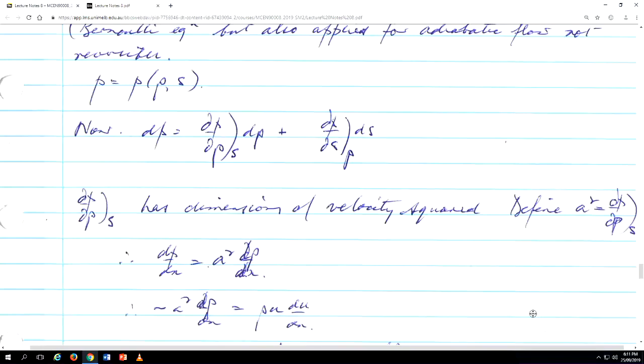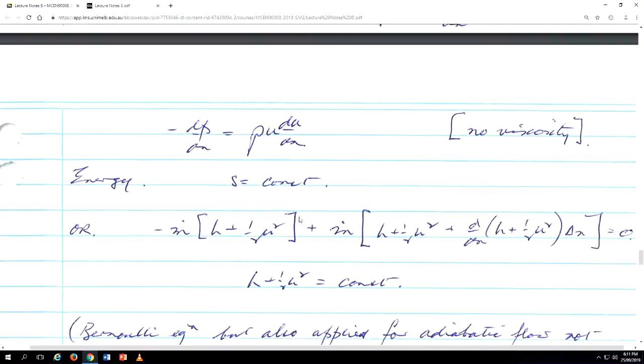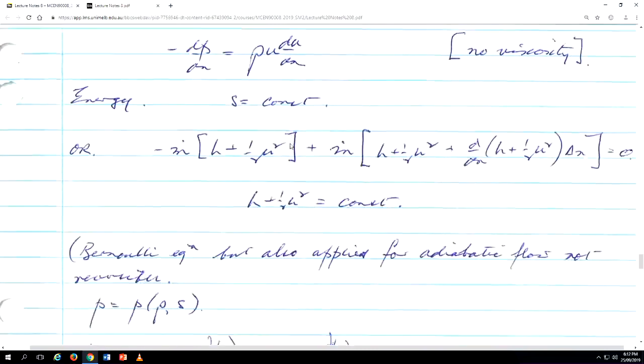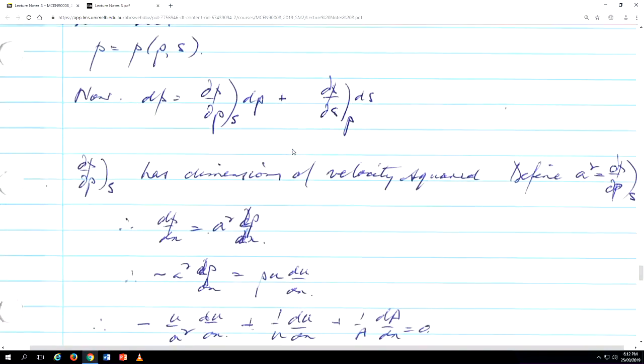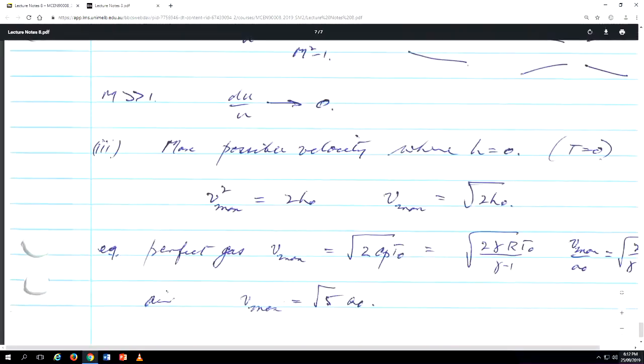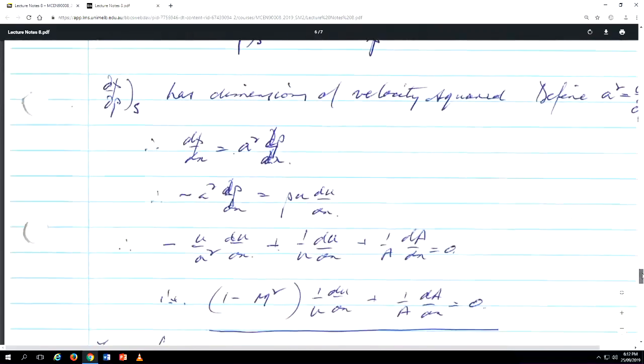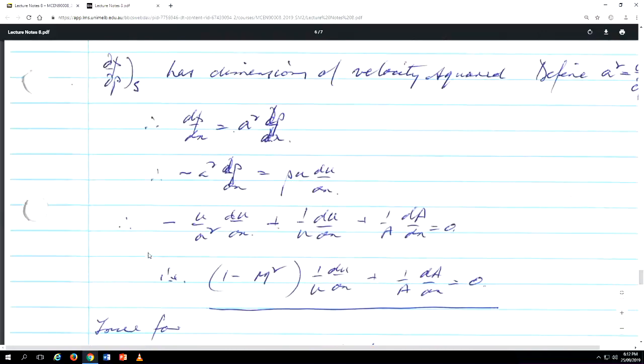So coming back up to this other equation that I had before, minus dP dx was rho u du dx. So let's just look at that.